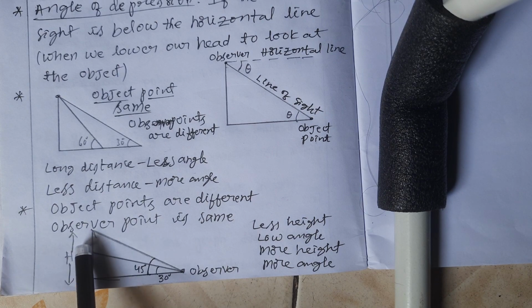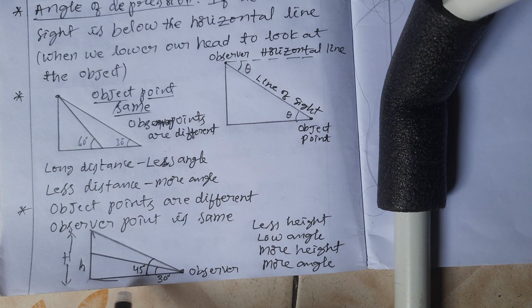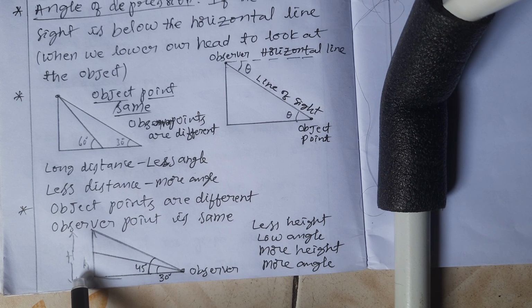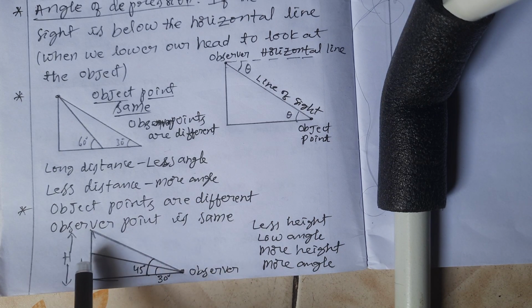So the building height is different and the cell tower height is different, and from there we need to count.